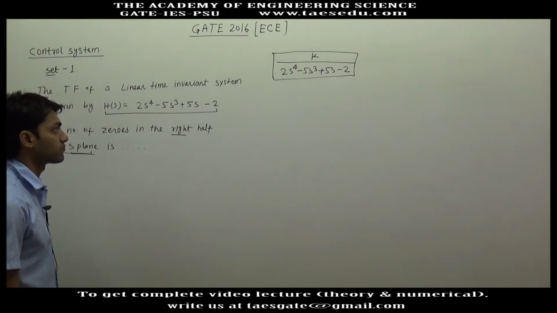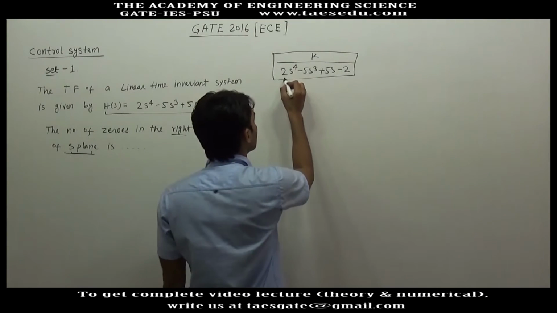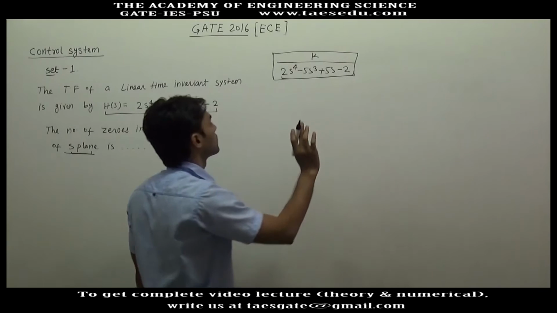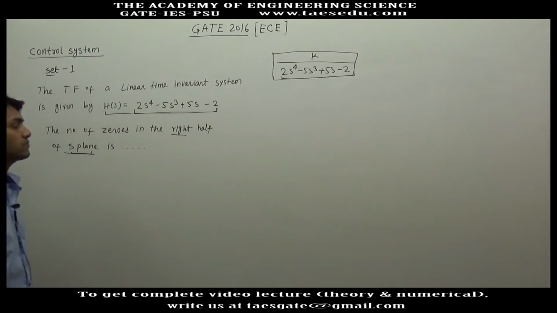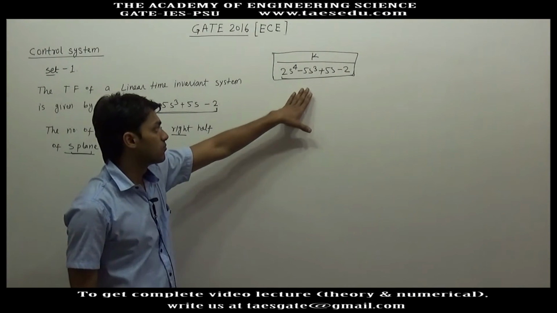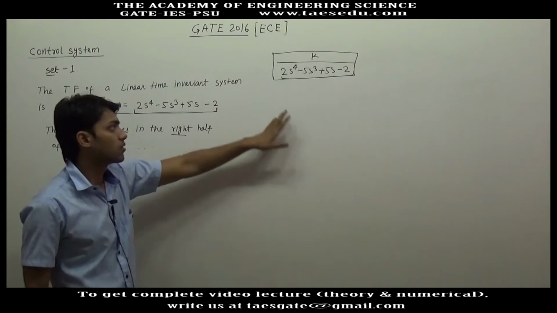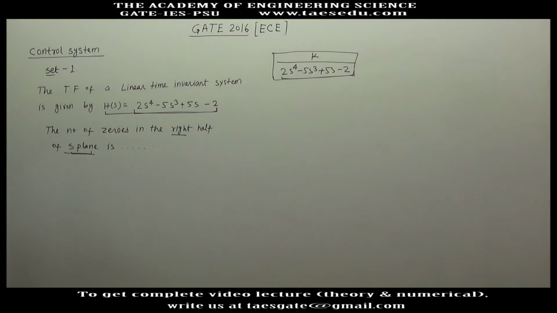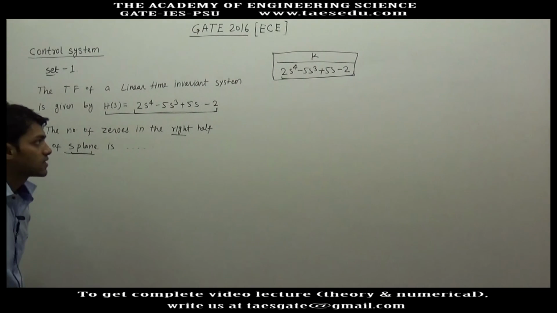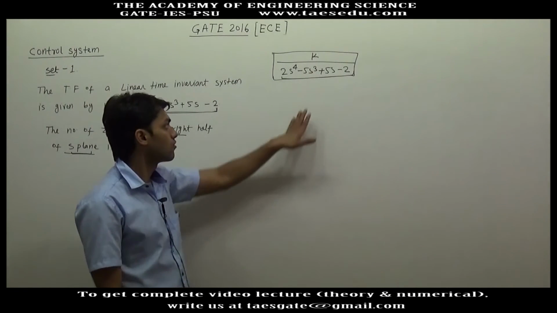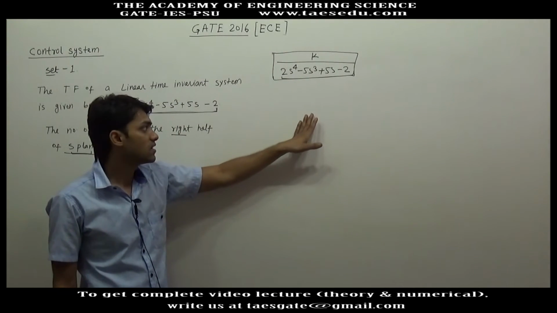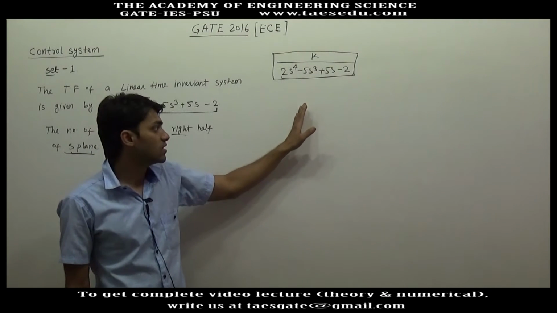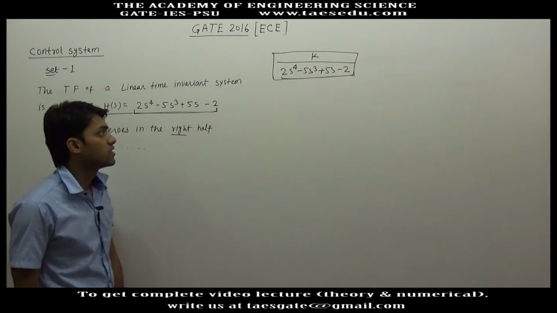We make the Routh-Hurwitz table for this characteristic equation and check the number of sign changes in the first column. The number of right half poles of this closed loop transfer function will be the same as the number of sign changes in the first column.